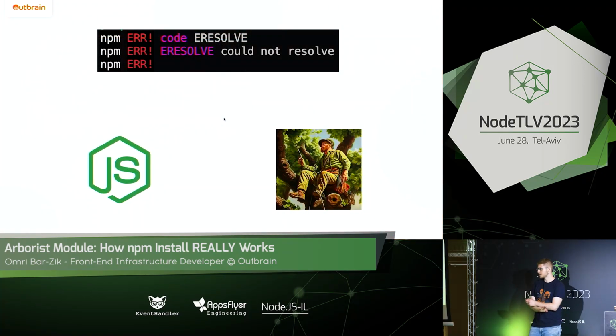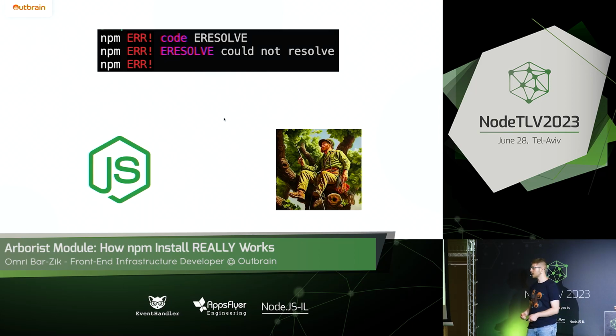Let's just sum up everything we have talked about. We have talked about how peer dependencies actually work. We have seen what they mean, how to read this error, and what the main difference is between peer dependencies, prod dependencies, and dev dependencies.